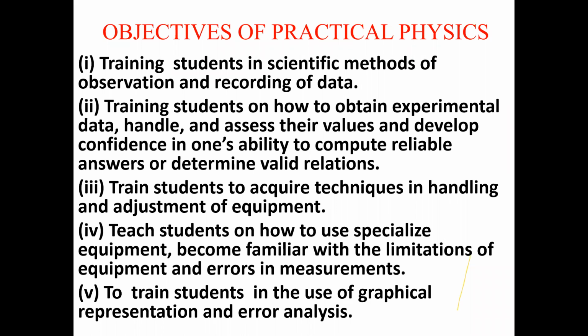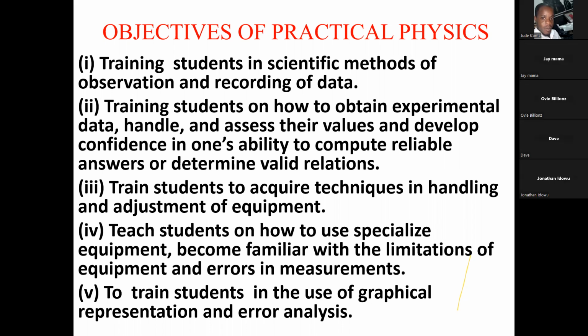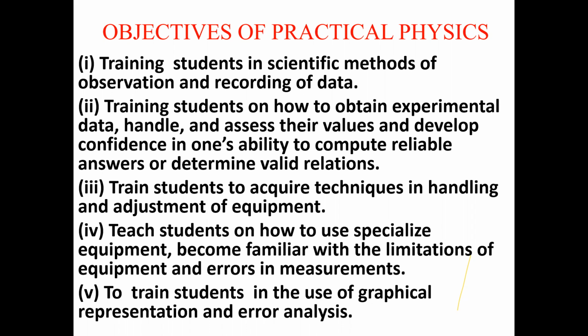Now, the next one says train students on how to acquire techniques in handling and adjustment of equipment. The usefulness of physics practical is to help us handle certain equipment. For instance, most of us have not come across the vernier caliper. We don't know what a vernier caliper looks like. We don't know what a micrometer screw gauge looks like.